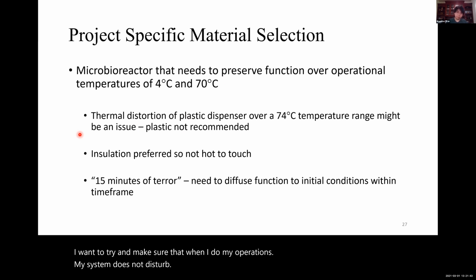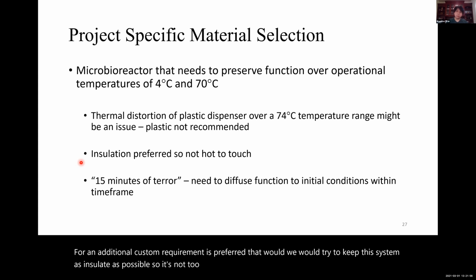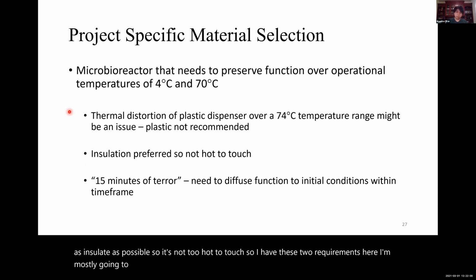As an additional customer requirement, it's preferred that we keep the system as insulated as possible, so it's not too hot to touch. I'm mostly going to value thermal distortion here, but these are my two requirements.